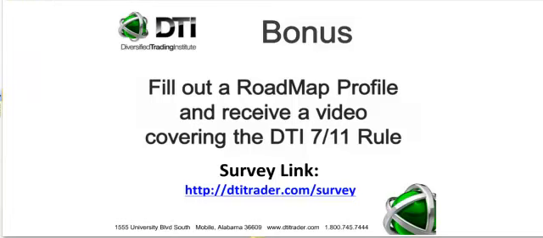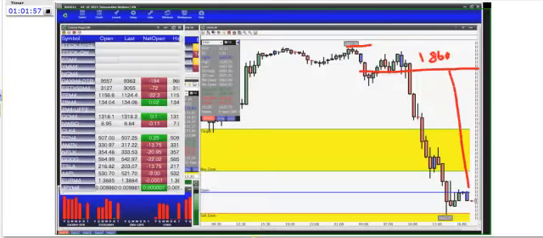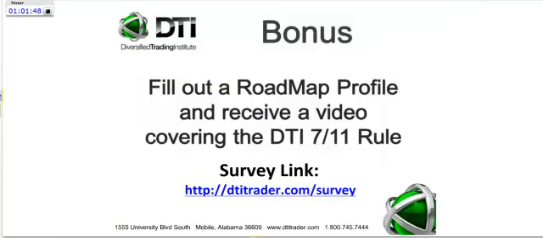How many points would that be on the NASDAQ? How many points would my stop be? What did I tell you the risk would be? 15 points, right? Okay. And that's how I set up tonight's trade. All right, let's keep going.